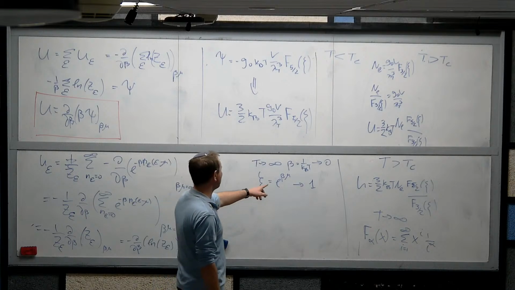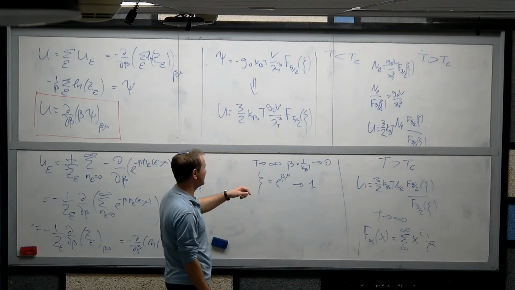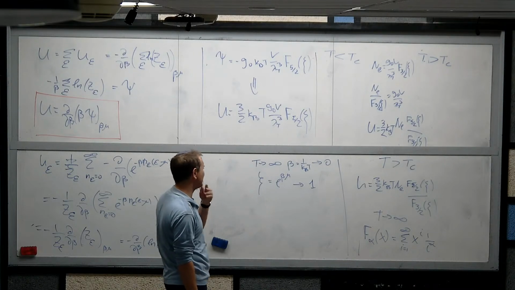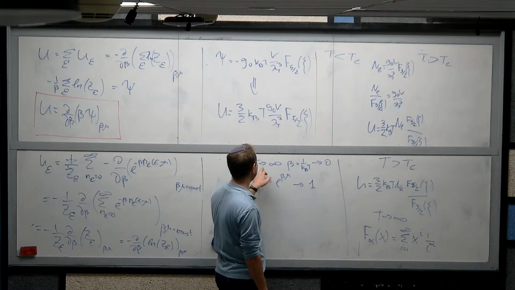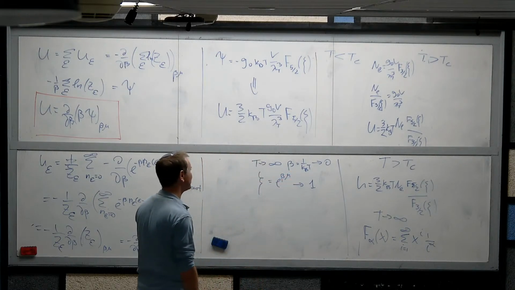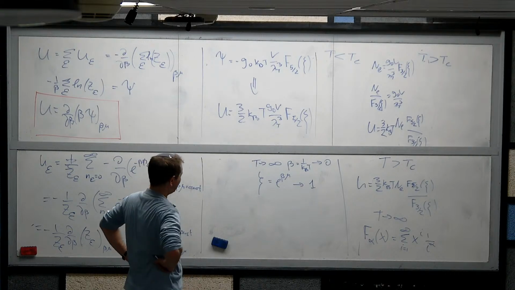Because when mu goes to 0, I expect that fugacity to go towards 1. But I expect that when T goes to infinity, beta, 1 over k Boltzmann T, goes to 0, right? That fugacity is indeed 1. This is strange.